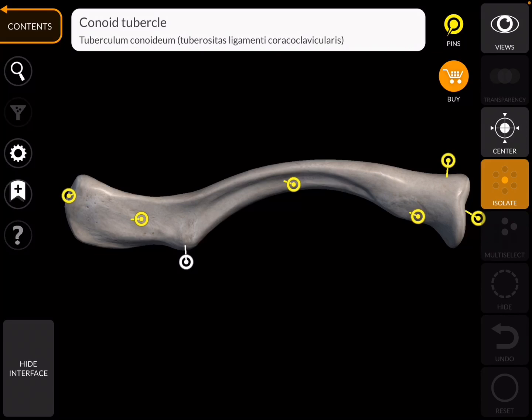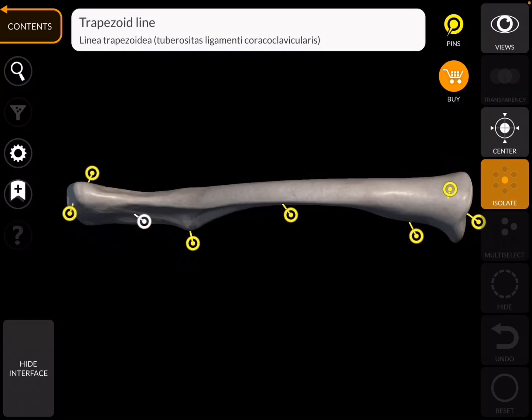If we go to the other side, we see another line that we normally call the trapezius line. And last but not least, on the inferior surface, we see another attachment that we call the acromial facet. Here it articulates with the acromion process of the scapula.